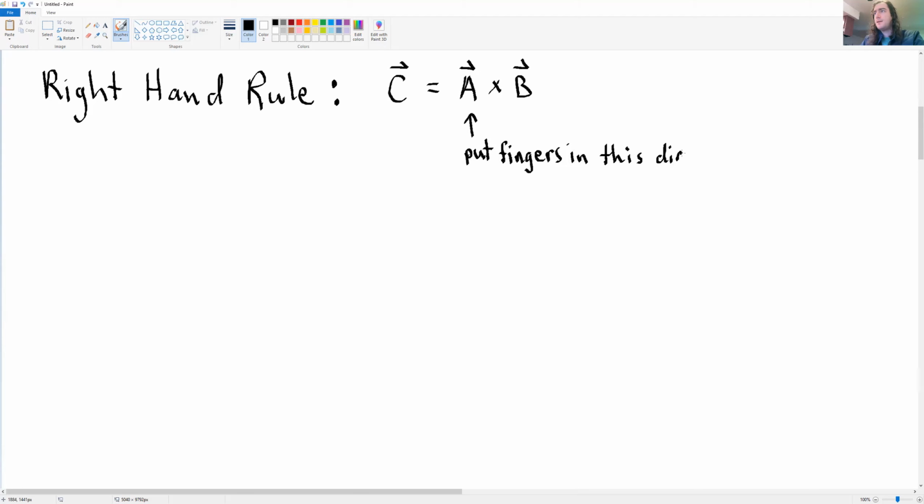So you have to identify the direction of the vector that shows up first in the cross product. So in this case, the vector A. So put fingers in this direction.